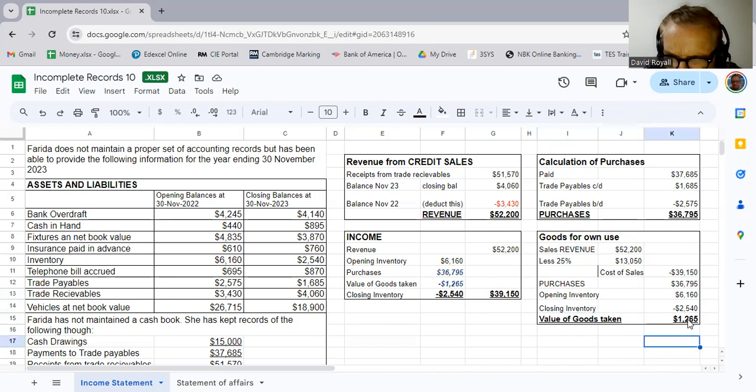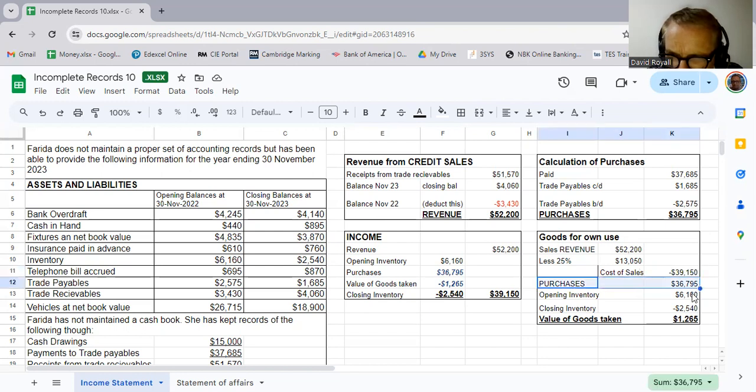okay, is 1265. So the cost of sales, the goods that we paid 39,150. That's the value of the goods that we paid. So all the stock that we had, okay, our cost of sales and the revenue.